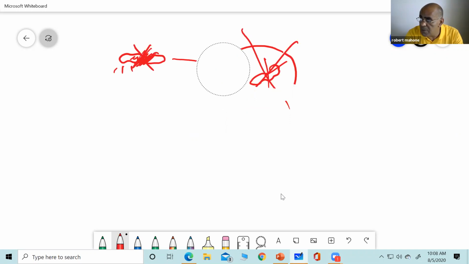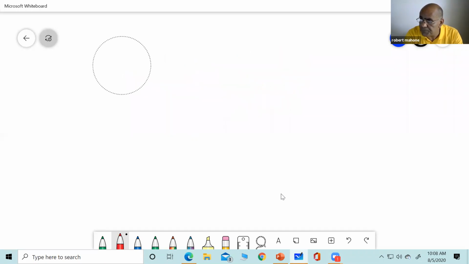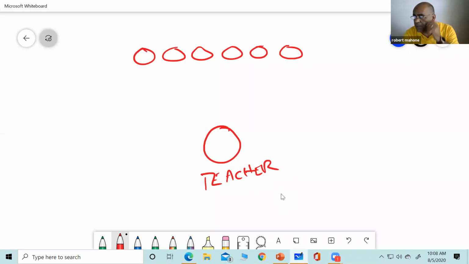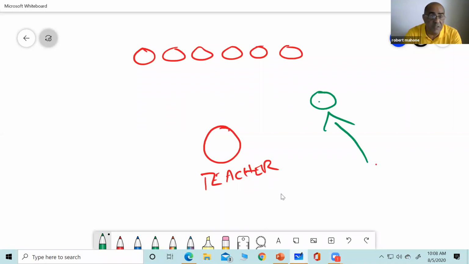In the classroom, I usually do it this way. If we are all students in a classroom with your teacher, anybody who comes into our classroom that doesn't belong there, that person is an invader.